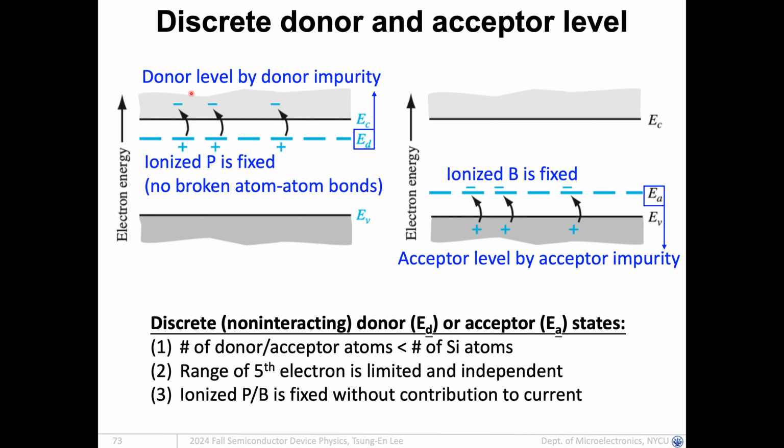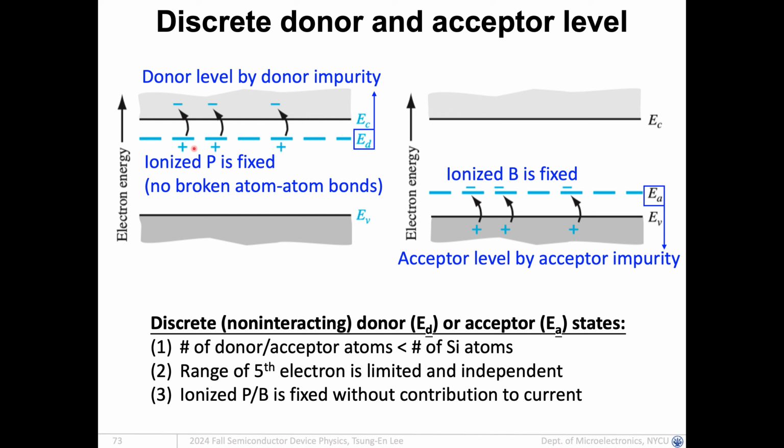It's a local donor state, a donor impurity, which doesn't change the total band structure of the silicon, and it is independent of each phosphor.